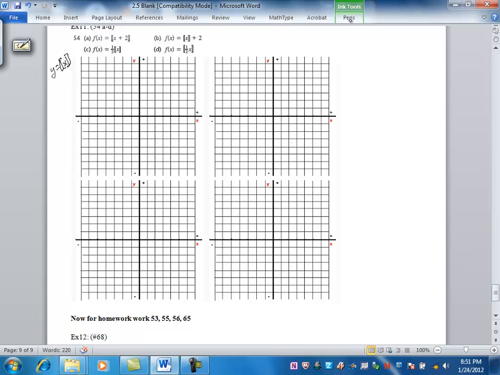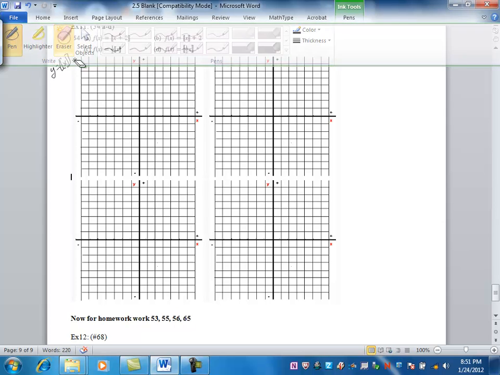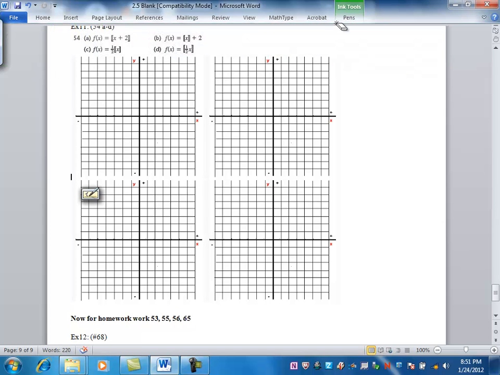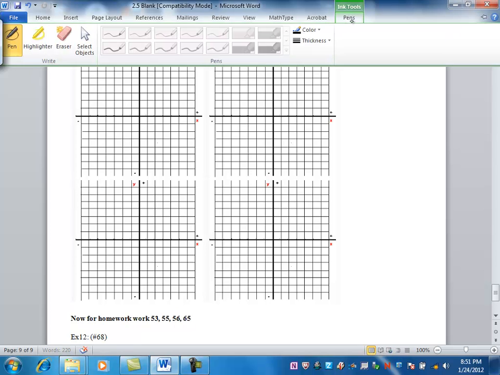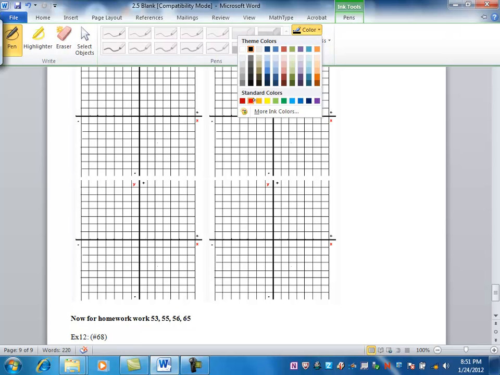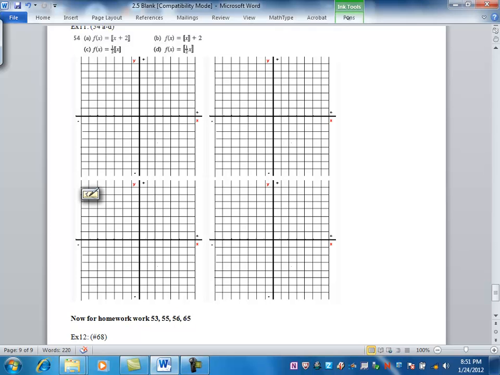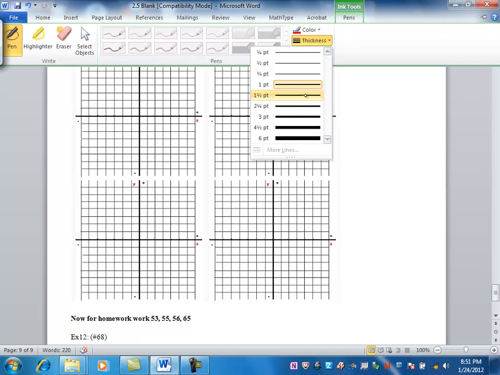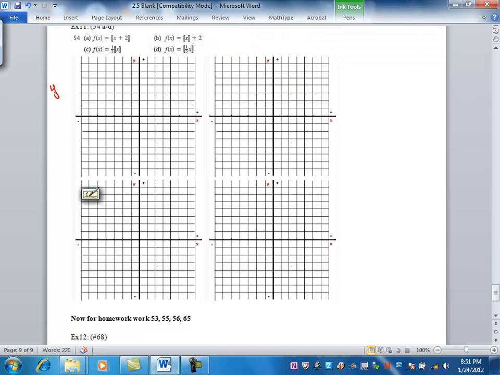Black may not be the best color choice here. Let's go with red. And then I will fill the shifts in another color here. Alright, so y equal the greatest integer function of x. So this graph is going to look like so.